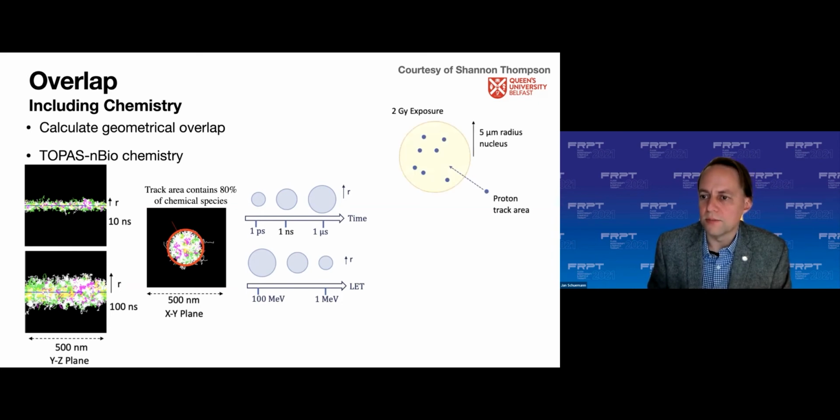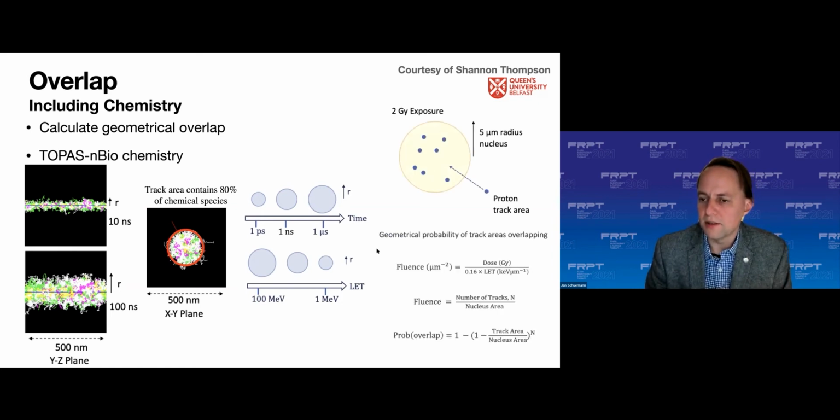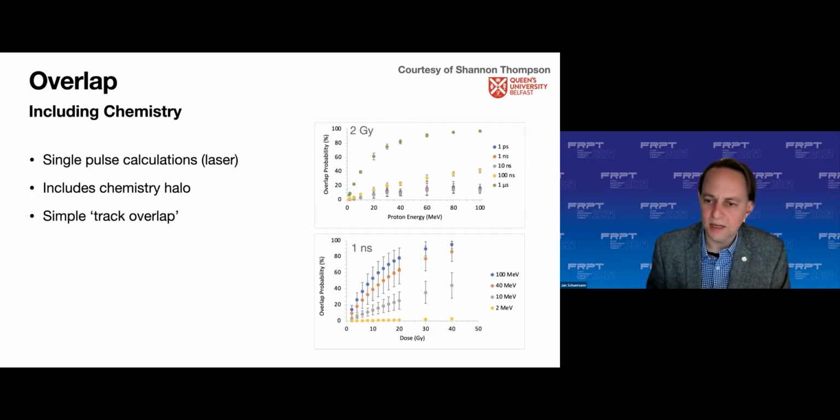And then you can do a simple geometrical analysis of how likely is it that you get an overlap in a cell nucleus. And that's exactly what they did with a simulation of single pulse, assuming single pulse laser irradiation, so very short time frame. And you can see here, if you go down to a microsecond, you can get actually quite significant overlap.